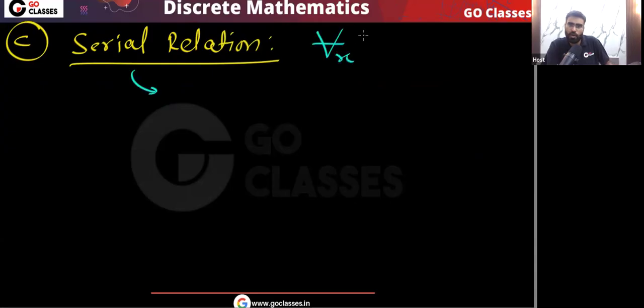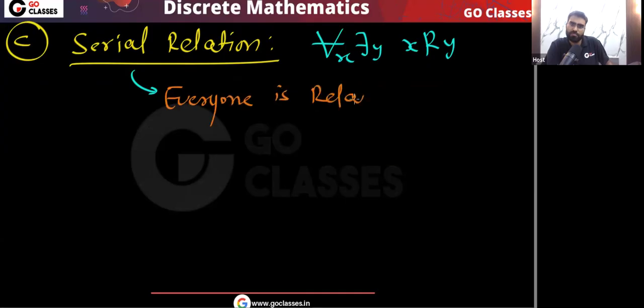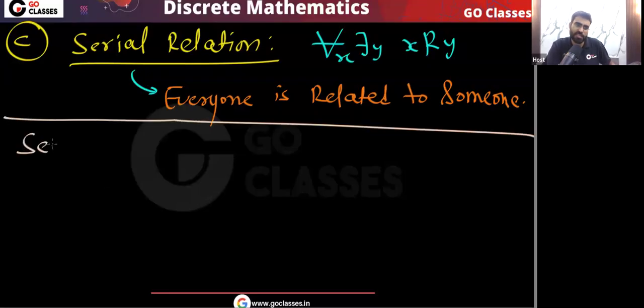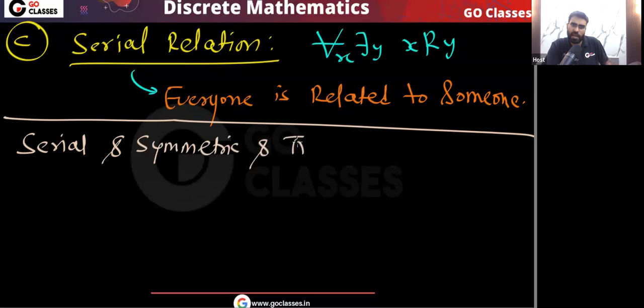Now, option C is saying that serial and symmetric and transitive, these three things, can they imply reflexive?